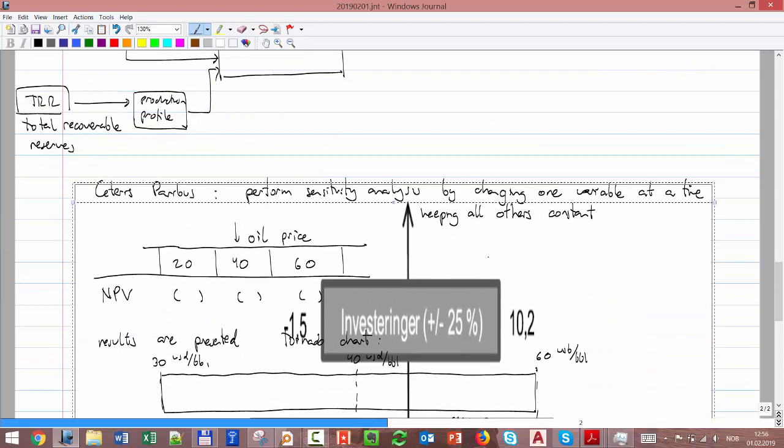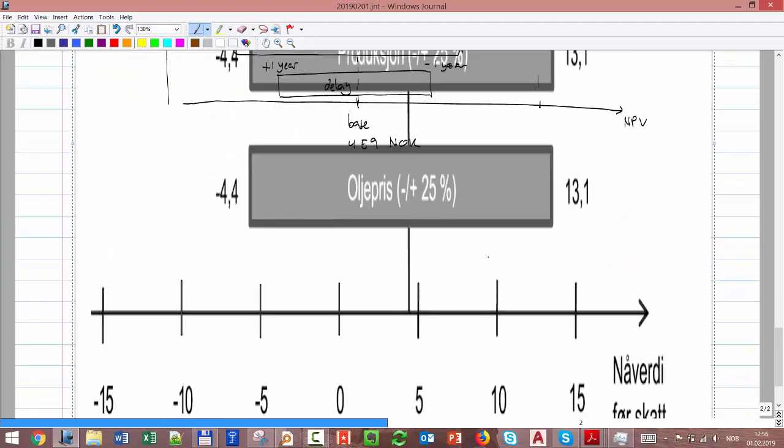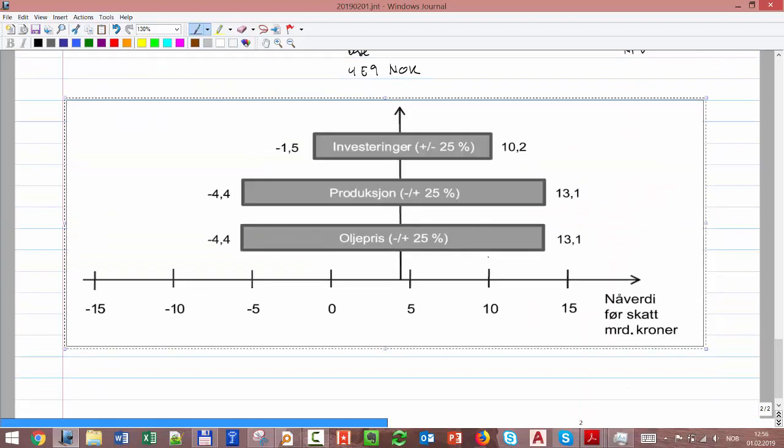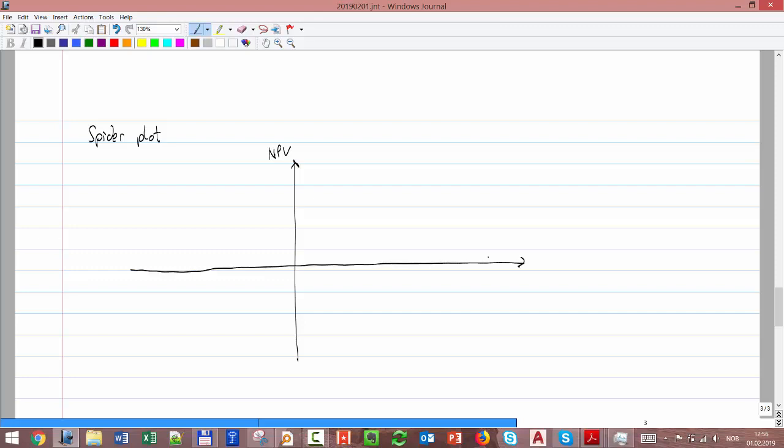Another type of chart which is also used is what is called a spider plot. Have you heard about spider plot before? No? Basically, I put NPV on the y-axis, and on the x-axis I put the percentage of variation of the variable.